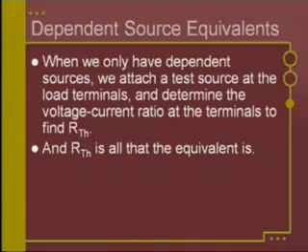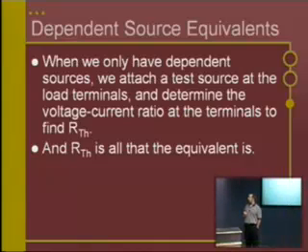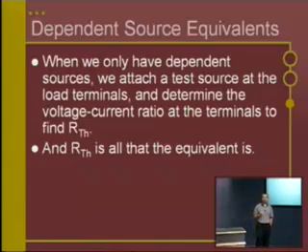The Thevenin equivalent for a circuit containing only dependent sources is solely the Thevenin resistance. But the only way to find out what that is is to hook up a test source to the load terminals, and then solve for one of the other parameters.